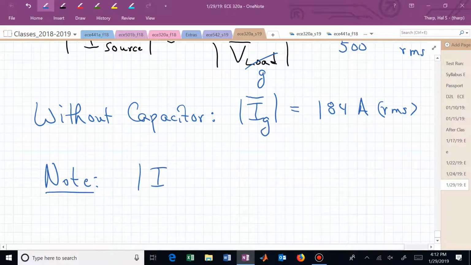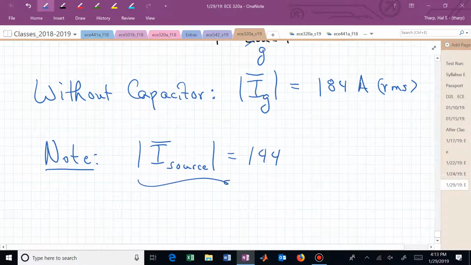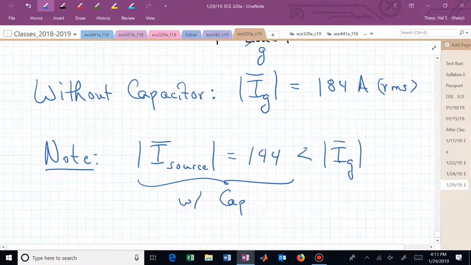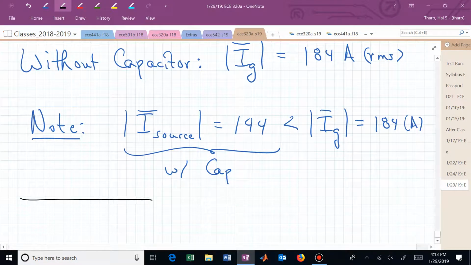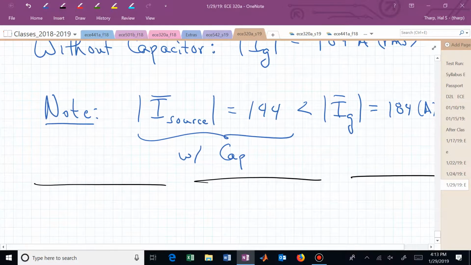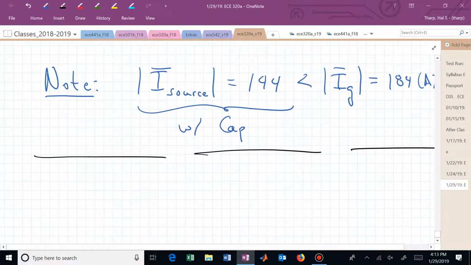So here, the source current with all three loads, or with the capacitor, is less than I sub G of 184 when we just had the two loads. That should just make you so excited. But that's why we play with this stuff, right? As engineers, we're trying to improve things.